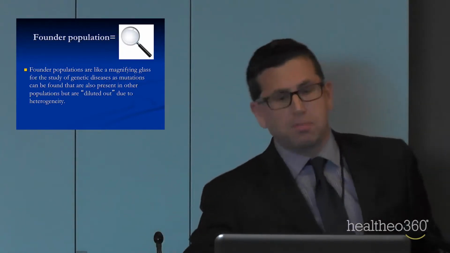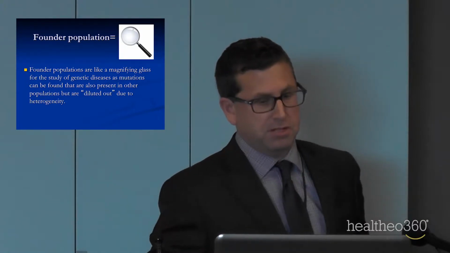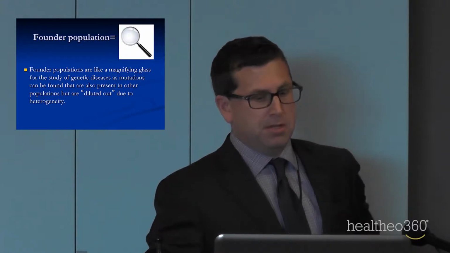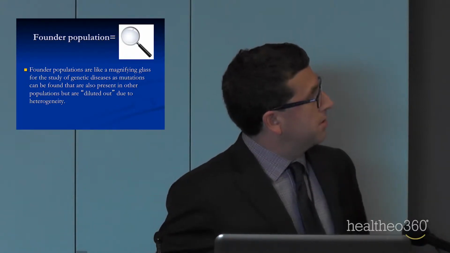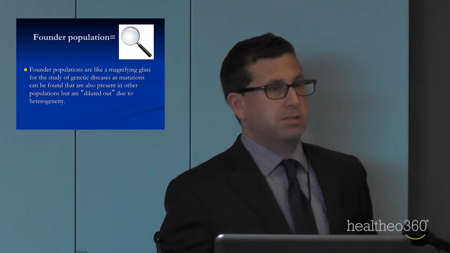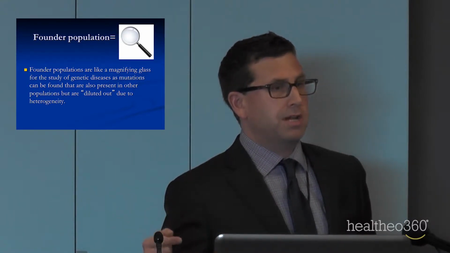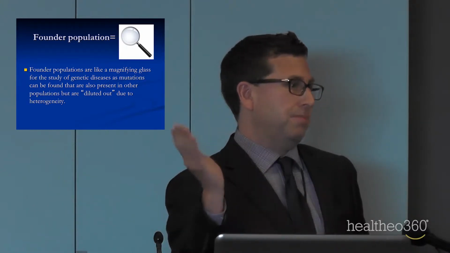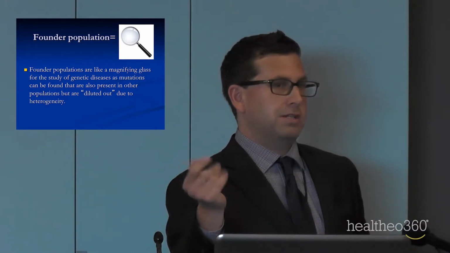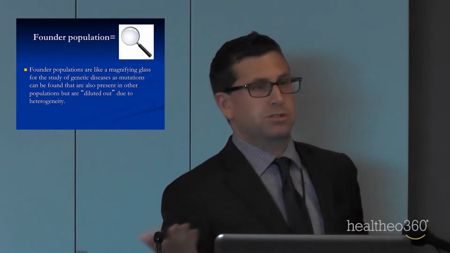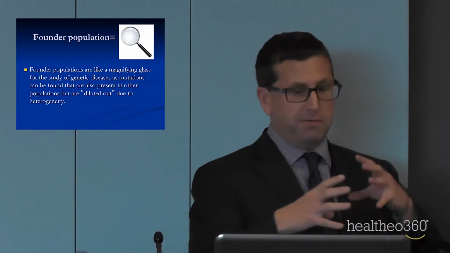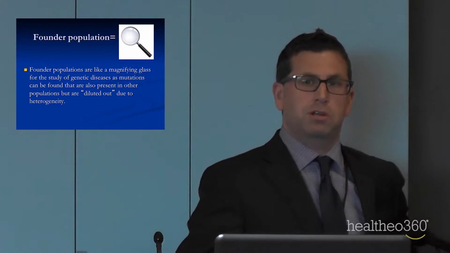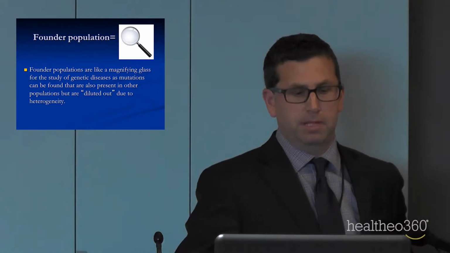One way to look at a founder population is like a magnifying glass for the study of genetic diseases, because you may be able to find mutations that are present in other populations, but just will never be seen due to heterogeneity. If there are mutations in the Cajun population, they may be present on the east coast of the United States, for example, but you're not looking for it, so you may not see it. So you really need to focus in on these founder populations because they're really a wealth of genetic information.